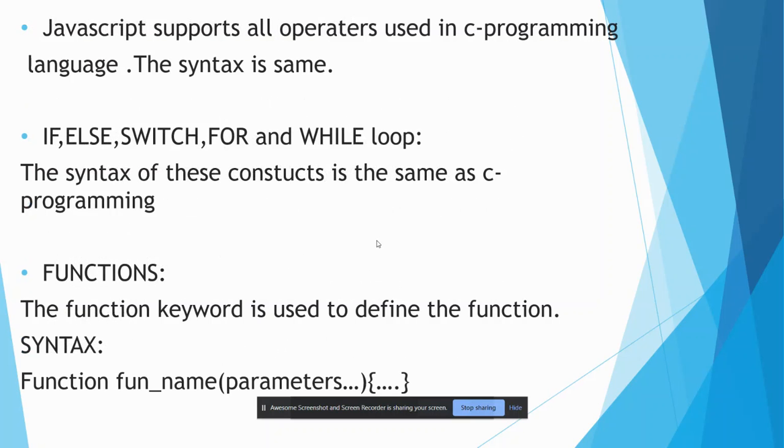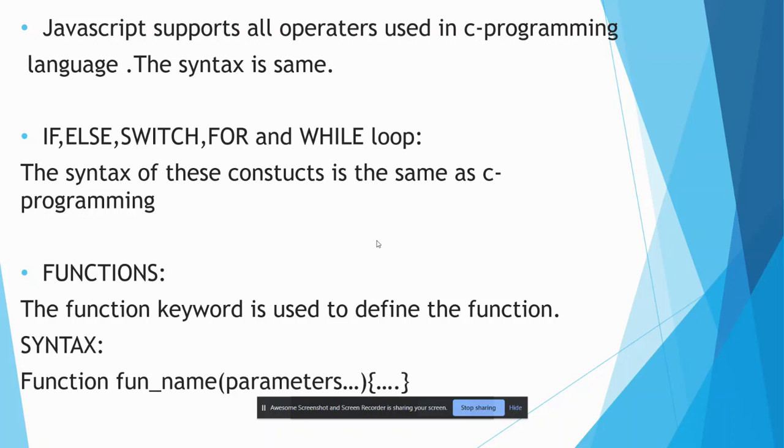Next, JavaScript supports all the operators that we use in C programming. It has a similar syntax. It can use all the loops, if, else, switch, for, while. These loops have similar syntax to that of the C programming language.